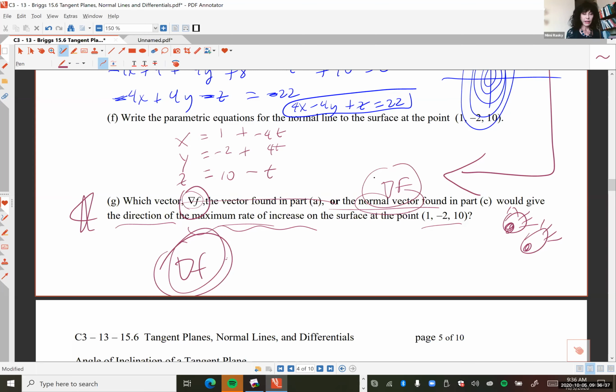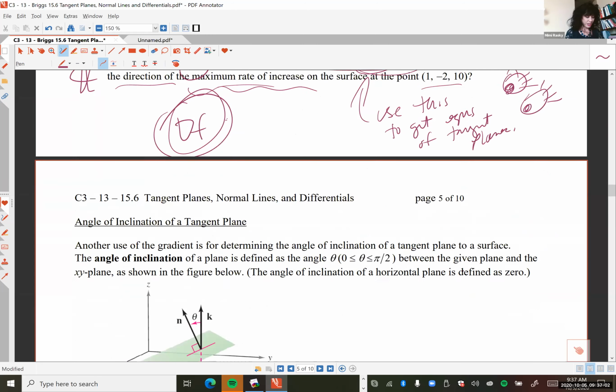Well, what about big del F? What is that even good for? Who cares about big del F? We do, because you use this one to get equations of tangent planes. That's what it's good for. Well, what else is it good for? I can't tell you that, because that's why you have to keep taking the class. There's more to it. Okay, so that is the distinction.